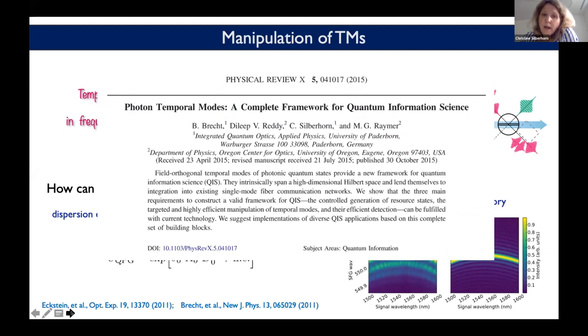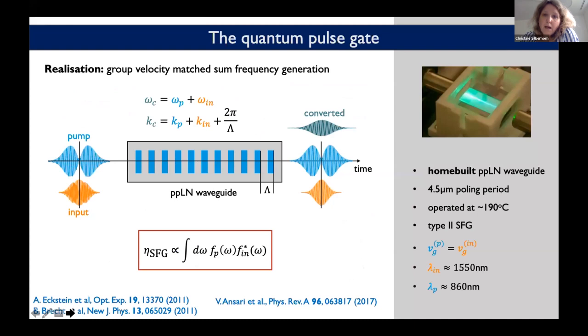manipulation. If you want to read about what you can do with that, I would like to refer you back to a paper in 2019, which we had with Mike Raymer's group, where you can translate all kinds of quantum information processing protocols for photons directly in this temporal mode basis. The pulse gate itself, we also implemented recently.